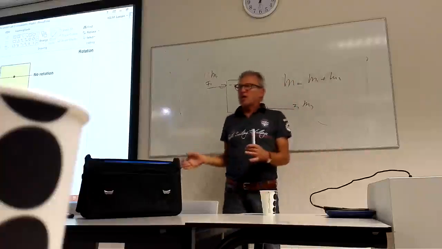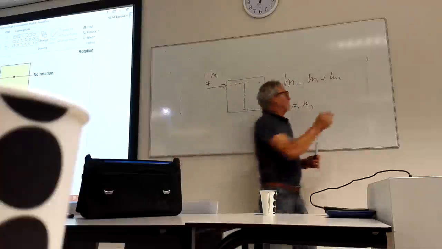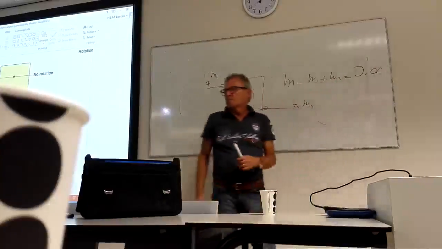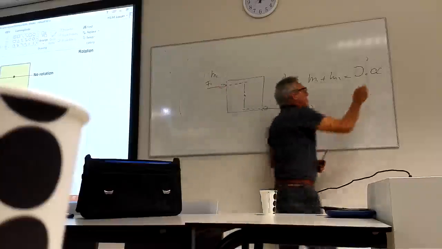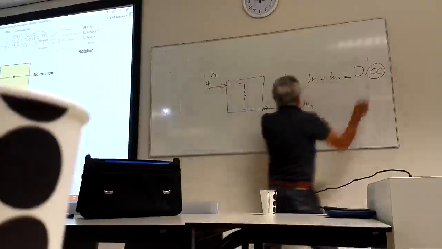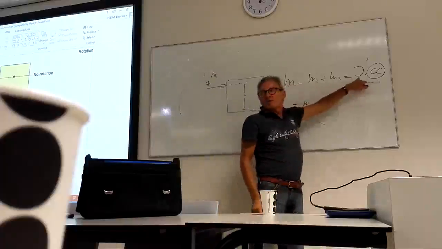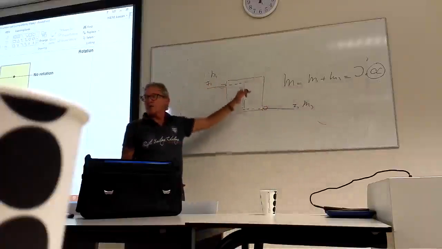What is the acceleration of this object? Moment is I times alpha. So this alpha depends on the magnitude of the moment and on the magnitude of I, how the mass is subdivided around the axis.